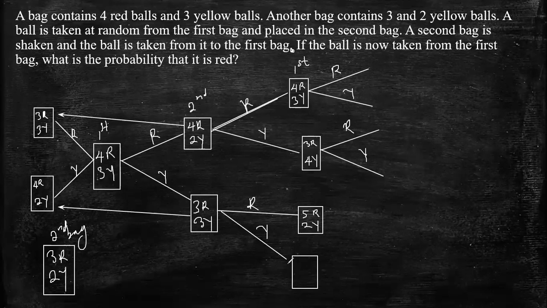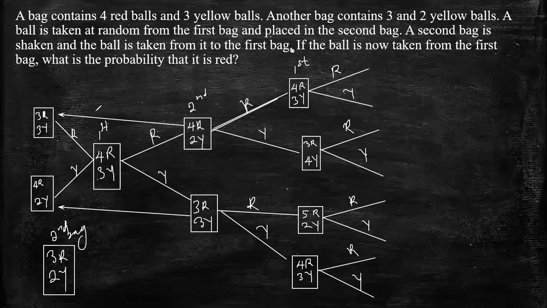If we place there the yellow, the red remain 4, the yellow increases to 3. And now we pick a ball from each of these, so this would be red or yellow, red or yellow.